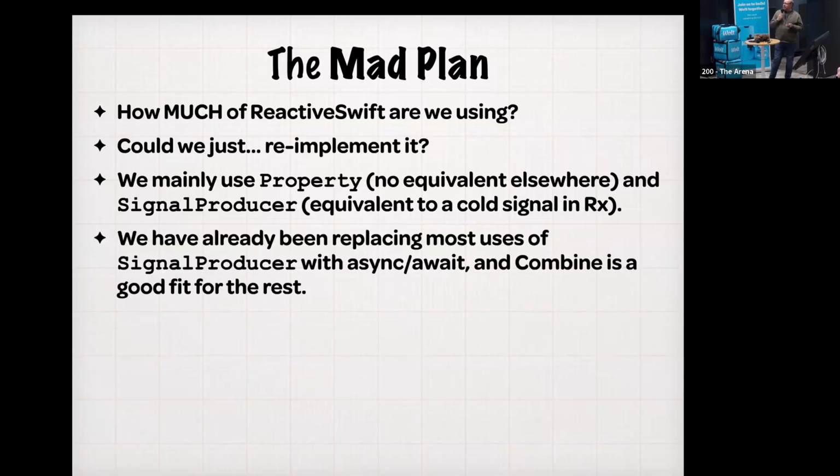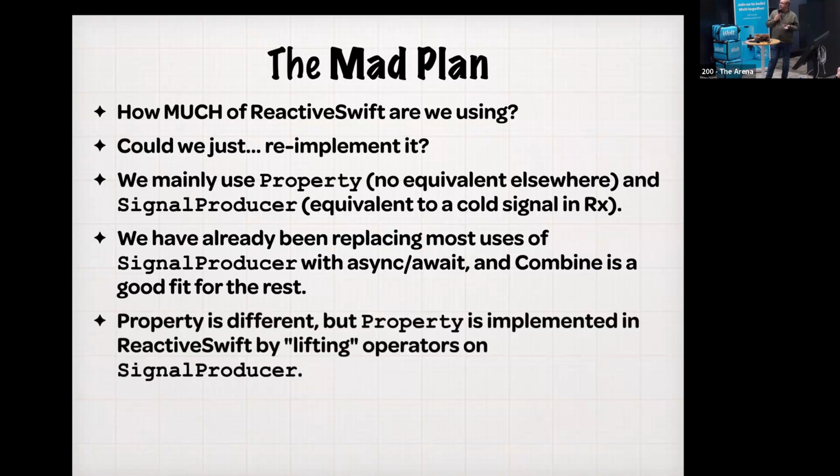And we have already been starting to replace the SignalProducer stuff with async await because we were using it for things like networking, where async await is a much better match anyway. And the other stuff where we use SignalProducer, we could use Combine instead because it's very similar anyway. Now, Property is slightly different.